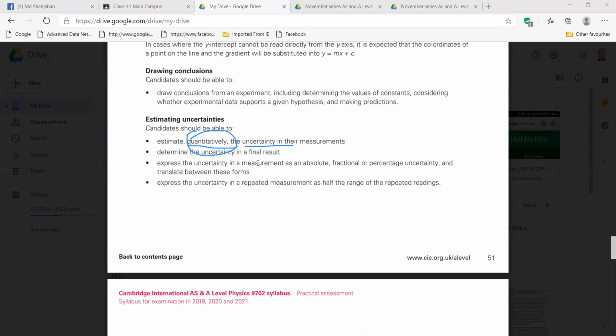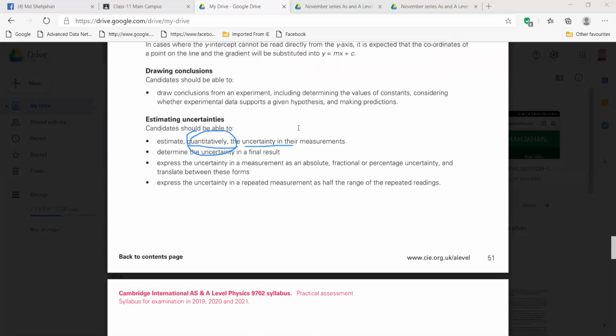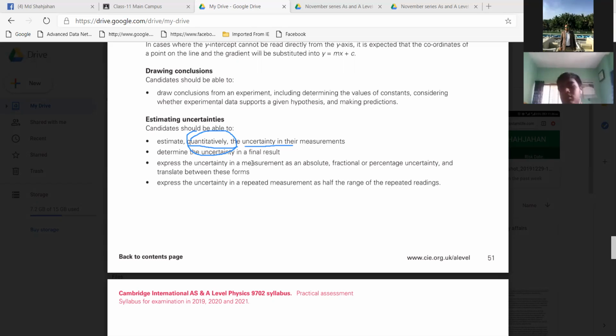So you got one topic in your AS syllabus, that is measurement techniques. Can you remember last class I pointed out that second topic, measurement techniques? There you will get the discussion about uncertainty. Uncertainty means the possibility of having errors. Simply think of it this way: you might have some errors in your experiment.